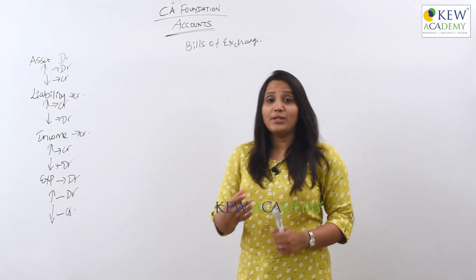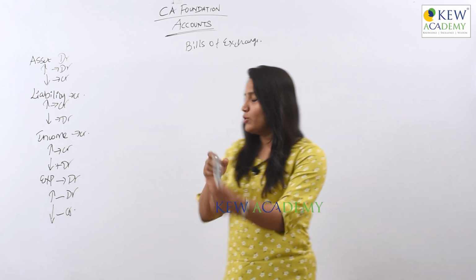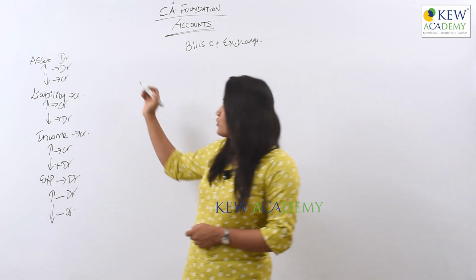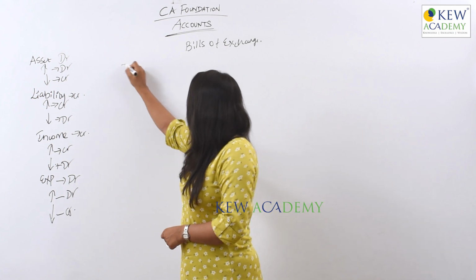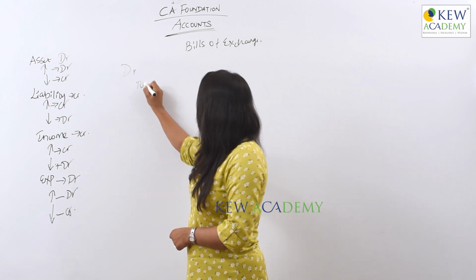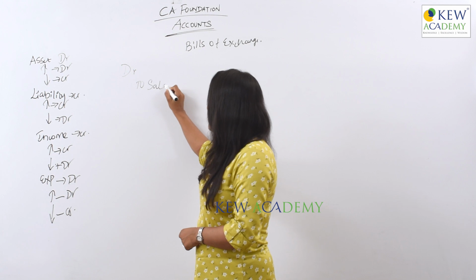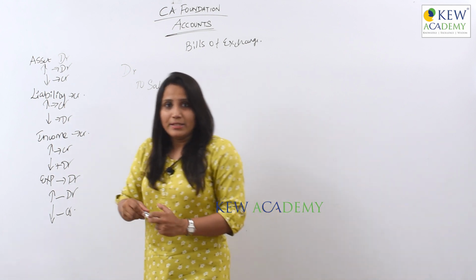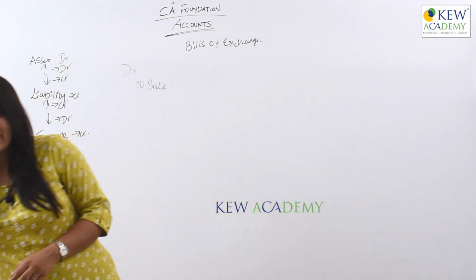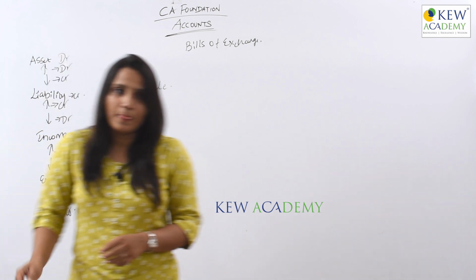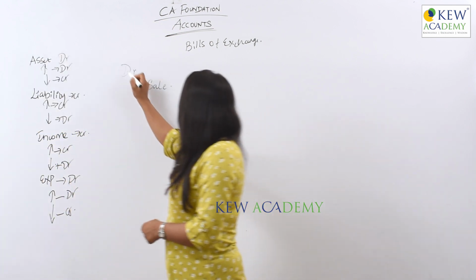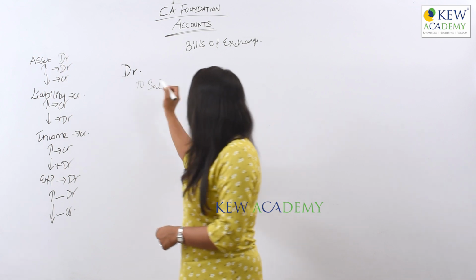Tell me, whatever we have learned till now, the conclusion. Ma'am, we know the conclusion now. We pass the entry debtor to sale. Am I correct? Will this debtor be with me? No, madam, we understood. This debtor will be no more.